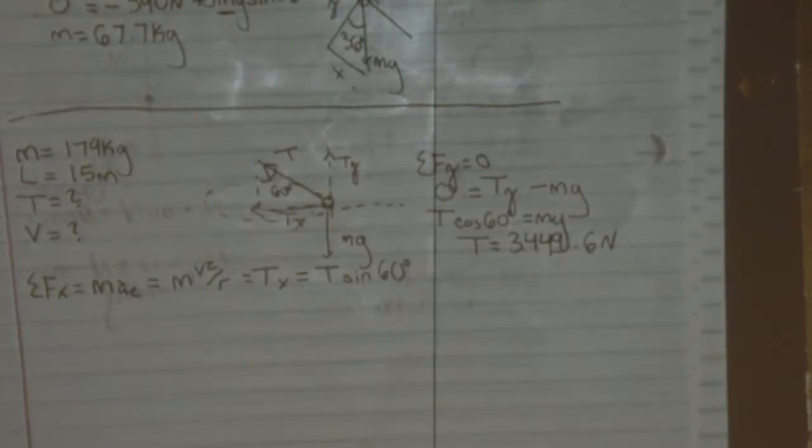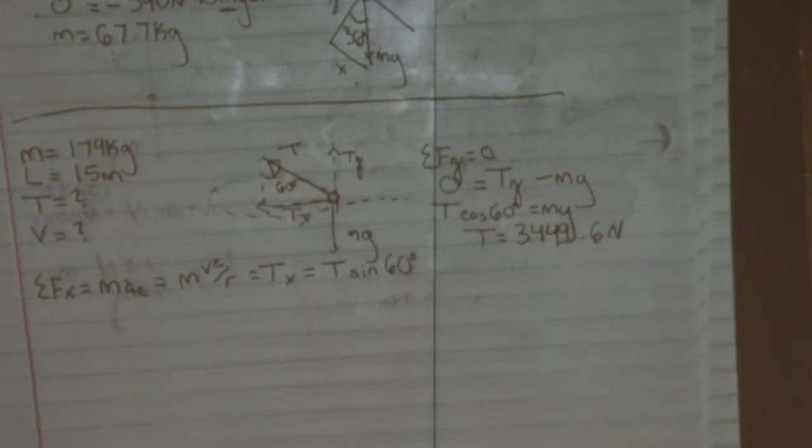T cosine of 60 equals mg. Solve this for T, we should get T is 3,449.6 newtons. Pretty big, right? So that actually gives us the answer to our first part of our problem.